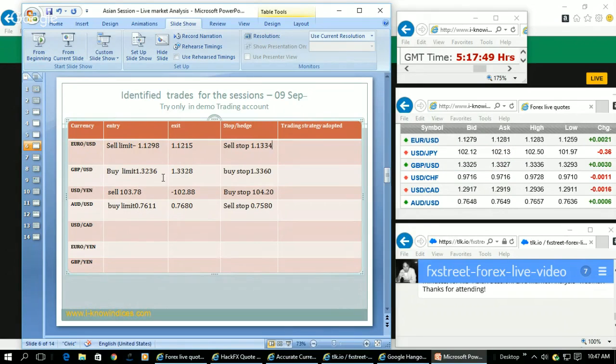And in the case of GBP, they are expected to make only a small slide of another 50 pips. So it will be 32.56, 33.67. Buy limit and sell limit, whichever comes first, we can take the trade.